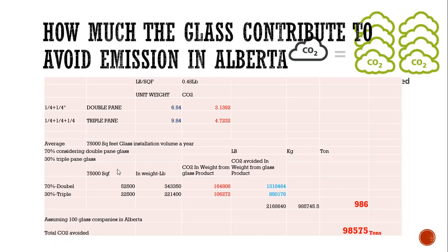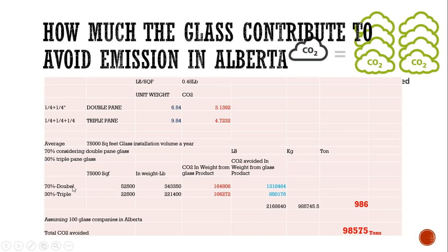So assuming an average glass company in Alberta, for example, installs probably 75,000 square feet of glass a year. Just considering this as an assumption. And on average, 70% is double pane glass and 30% is triple pane glass.